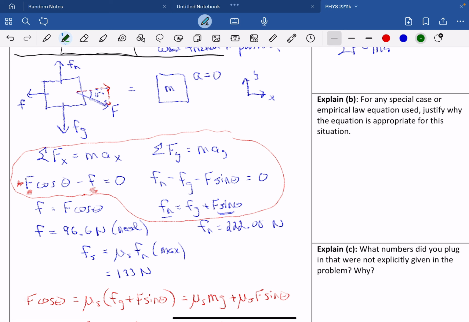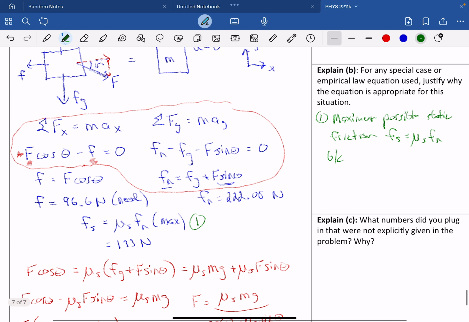I used that right here, the maximum possible static friction, Fs equals mu s times the normal force, because I needed to know how strong friction could be.